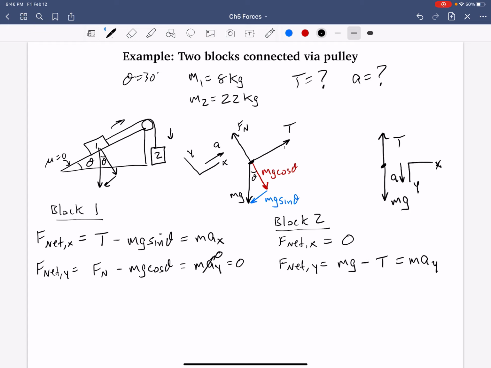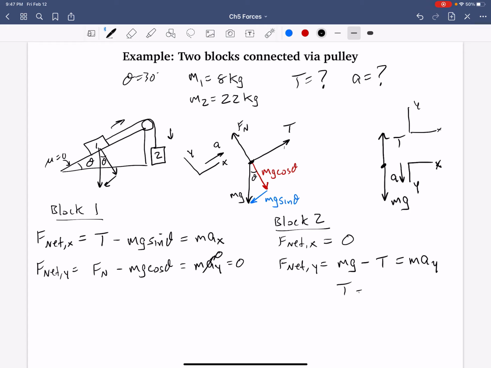Now, a quick word, right? I alluded to this in the previous video, but I don't believe I actually went back to it. Hypothetically, if I were to have chosen up as positive y, right? It still accelerates down, right? It still falls down, what we call quote unquote down, as in, well, that way, down, right? But if we say up is positive, that means that when we write our equation, the tension would be positive.